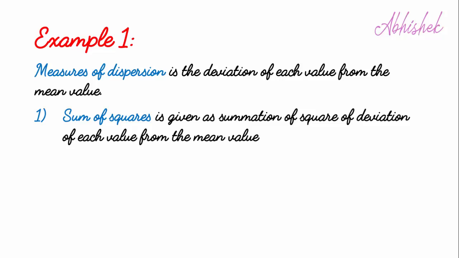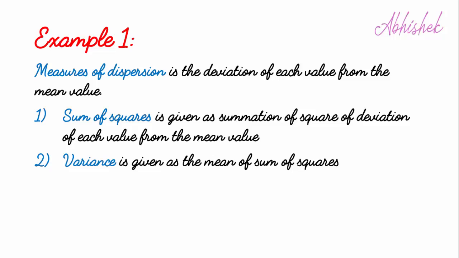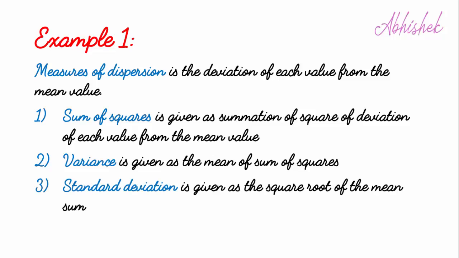We will discuss what it is exactly in a few minutes. We have variance, which is the mean sum of squares, and standard deviation is the square root of the mean sum of squares. We'll discuss them in detail shortly. Let's first discuss sum of squares.